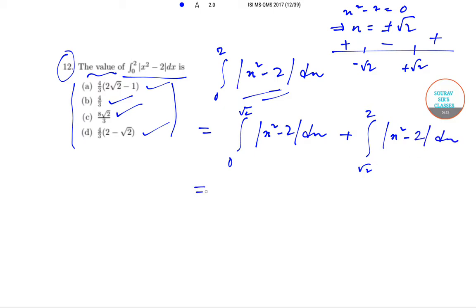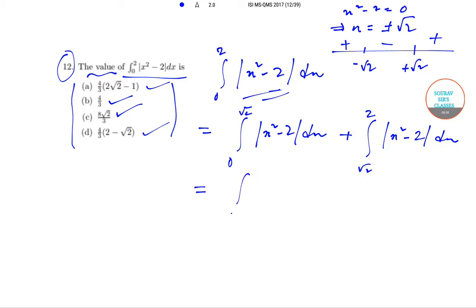Now as I have already mentioned, in the interval 0 to root 2, x square minus 2 is negative.